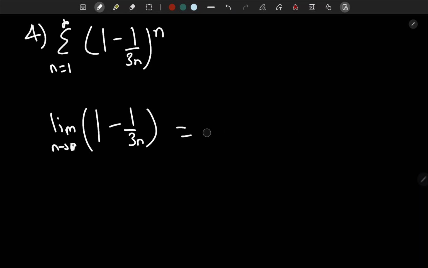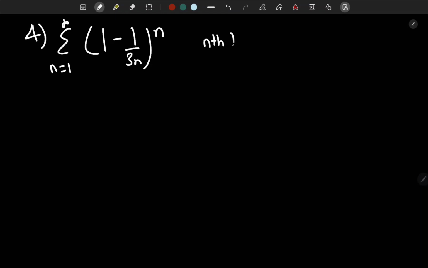So what can we do over here? What we can try here is called the nth term test. Also we need to use ln here to get rid of this exponential. So let's do that.